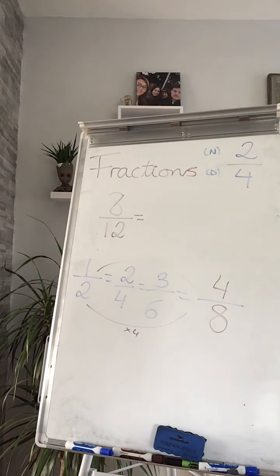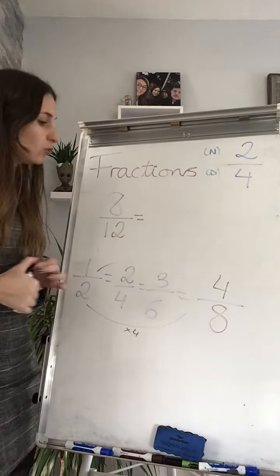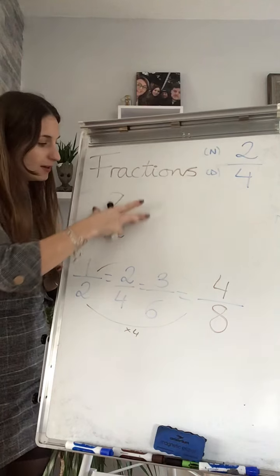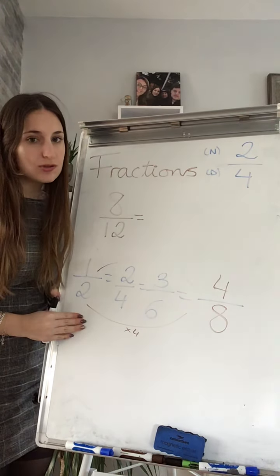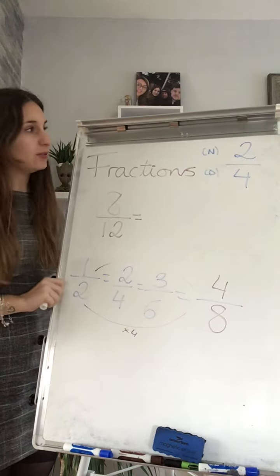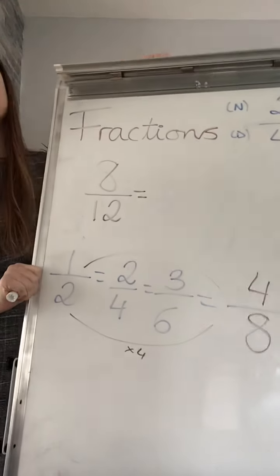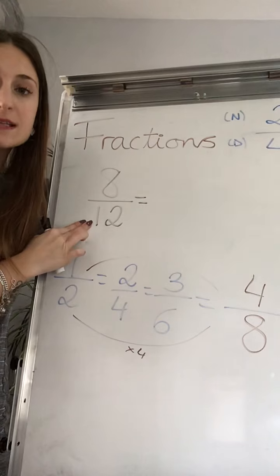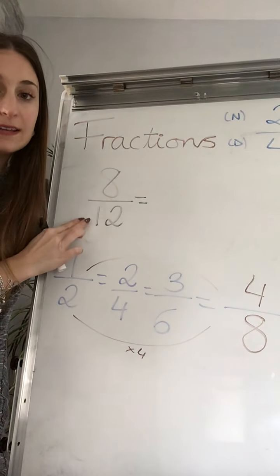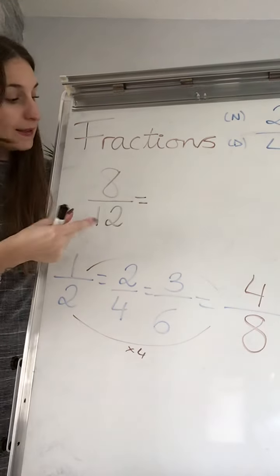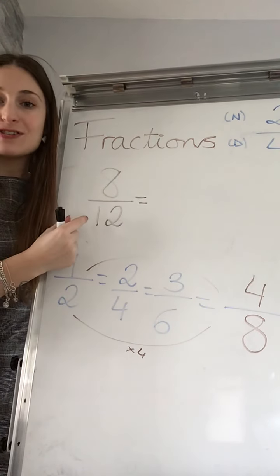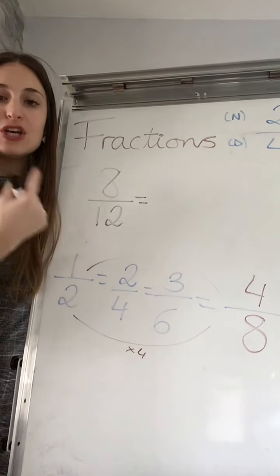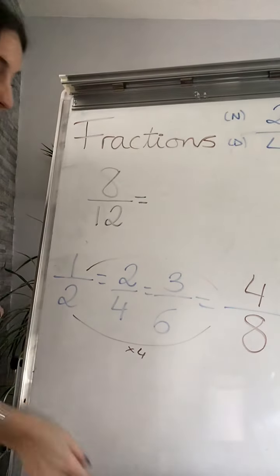Well, this time 8/12. We have been looking at timing, but you can also divide. I'm going to get it closer so you can see. You can also divide this fraction to find the equivalent. So if you want to find smaller fractions that are the same amount, you can do it by dividing.